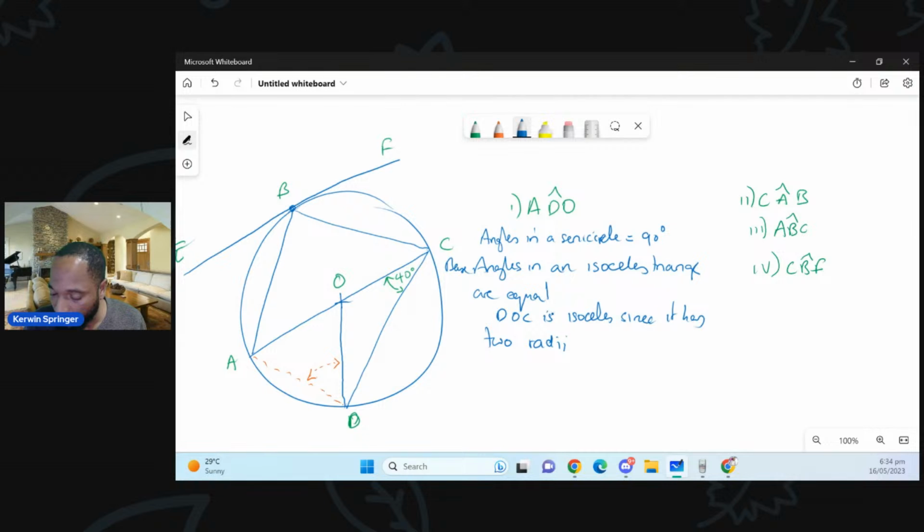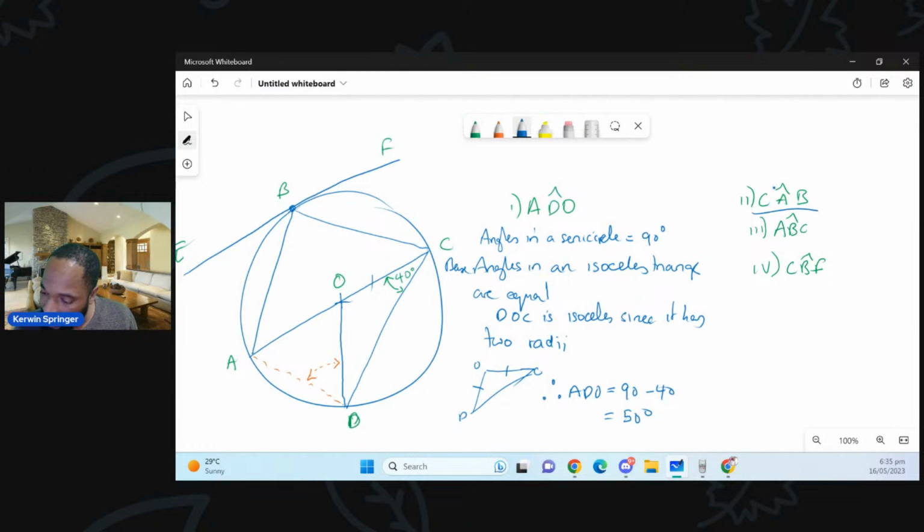So this is D, this is O, this is C, and this is a radius, and this is a radius. You see it? So this is isosceles. So therefore, the angle that we want, ADO, has to be equal to 90 degrees, the angle in the semicircle, minus 40, which is 50 degrees.